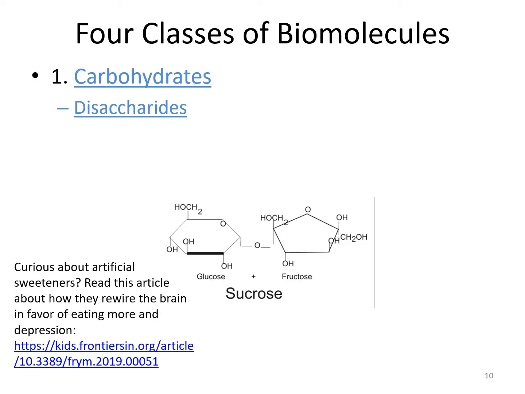Okay, so sucrose, as well as maltose, which we just saw a couple slides ago, these are all called disaccharides. Remember, mono for 1 sugar, di for 2 sugars. Right, so this happens to be the only biomolecule class, the carbohydrates, which has a special name for when we stick 2 monomers together.